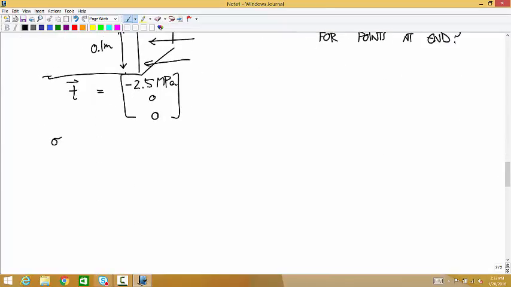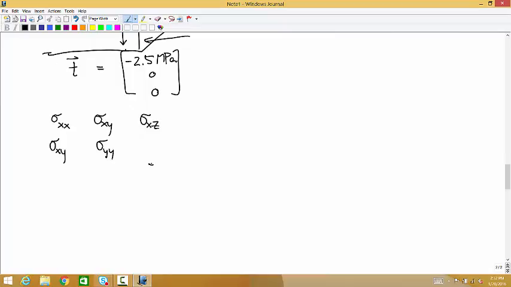The stress tensor, we're going to start out by saying we don't know anything about it, times the outward-facing normal.